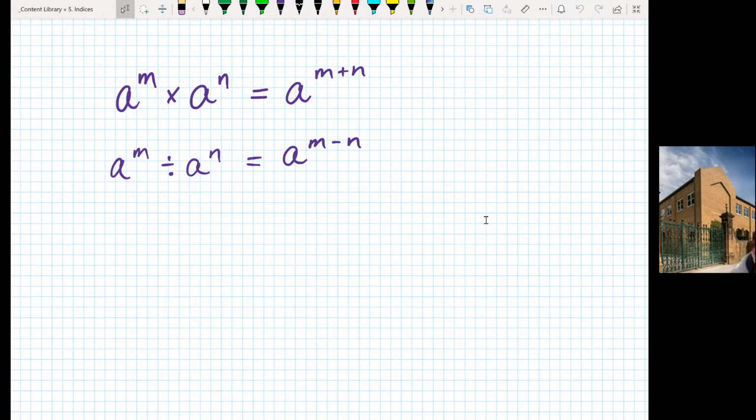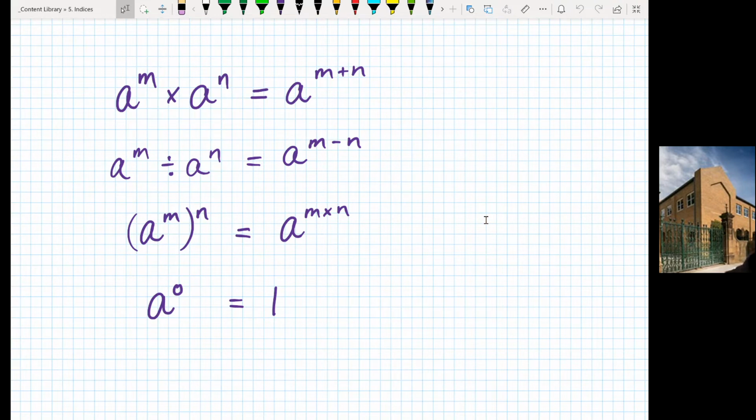If you are raising a power to a power, so one power is inside the brackets, one is outside, we can multiply the powers together. And anything to the power of 0 simply equals 1. They are all our indices laws to date.